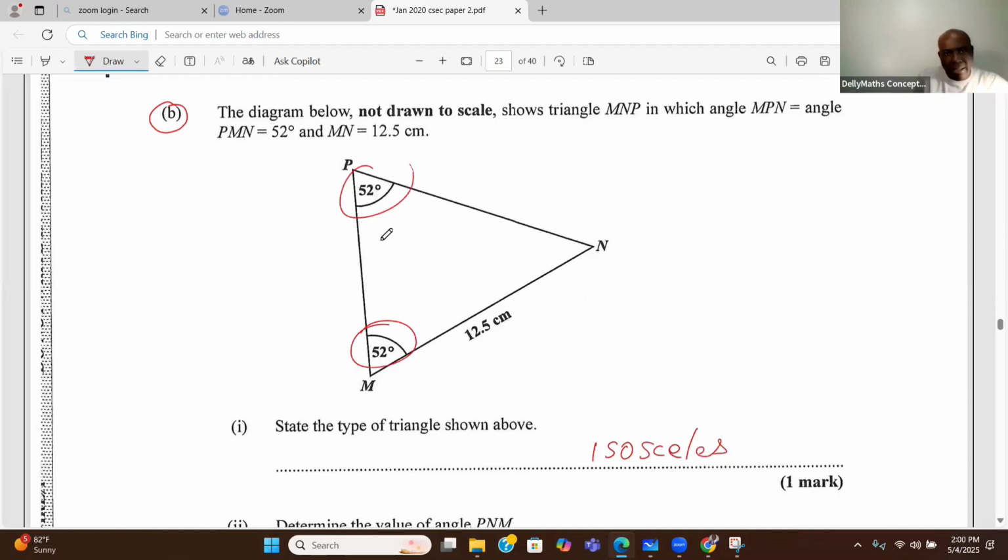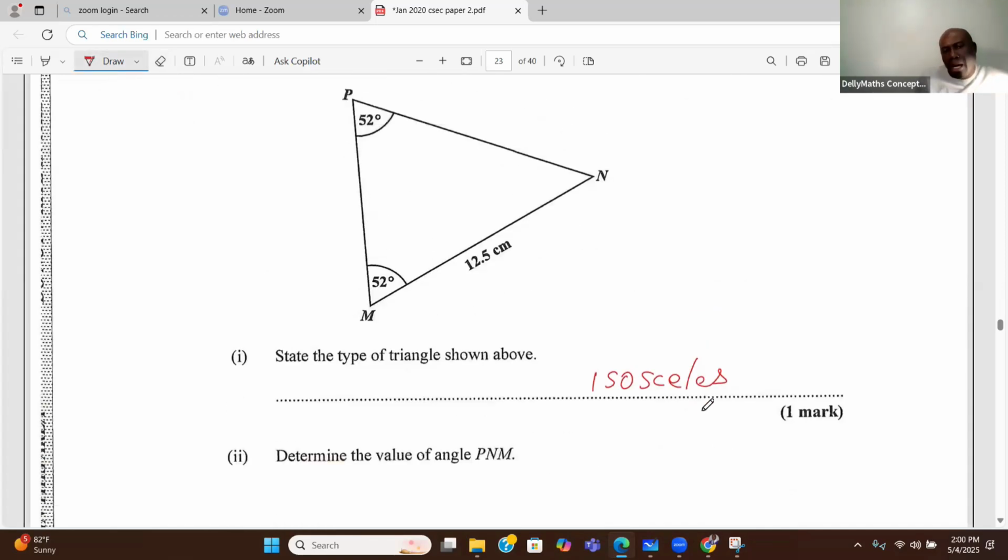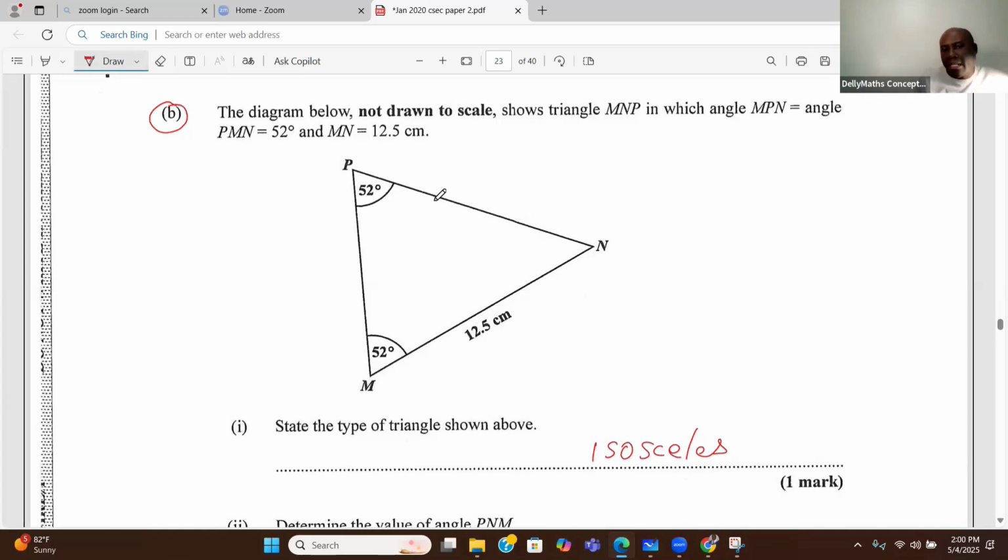See? Isosceles is same. All right, so here it is. One mark. I remember if all the angles are 60, it's called an equilateral triangle. So you have equilateral.